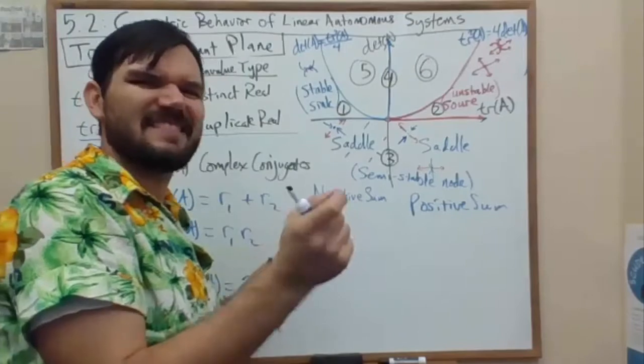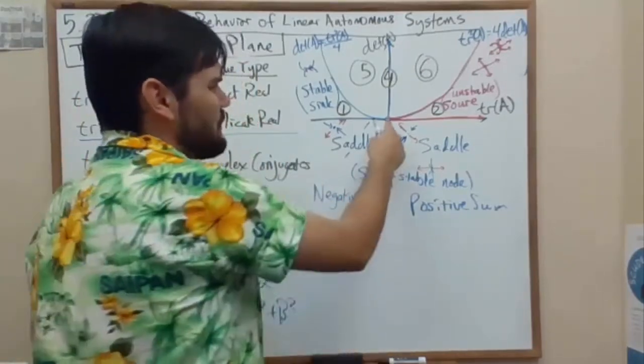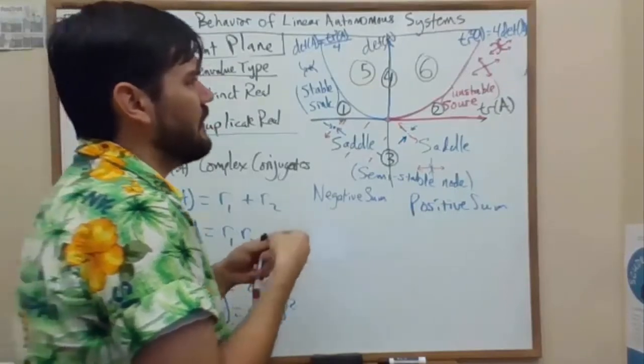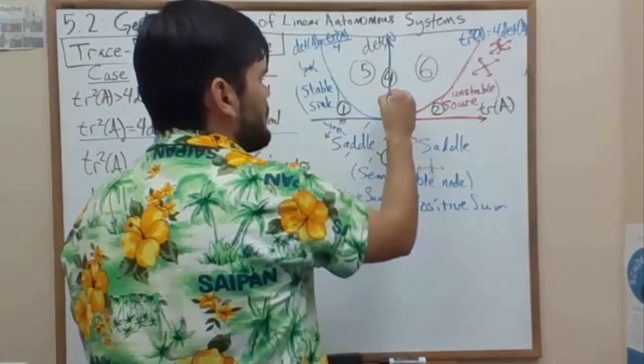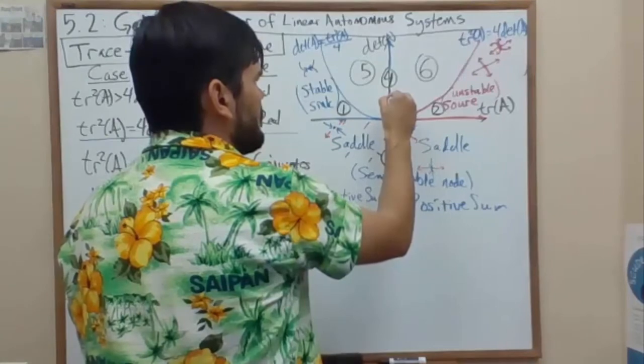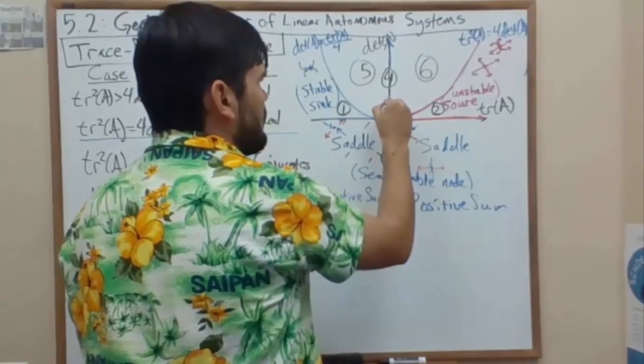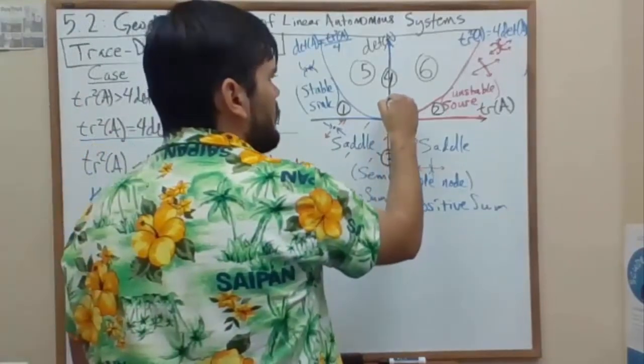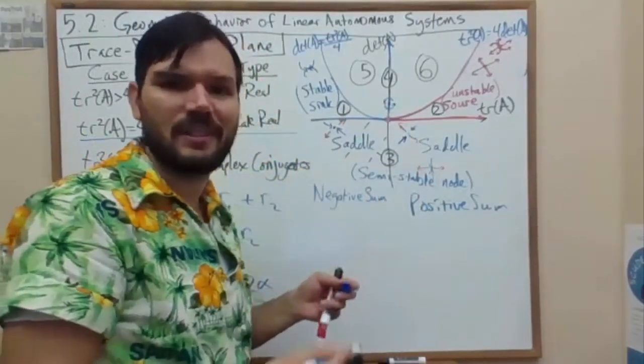But it's just a line. It's more like this line than a whole region. And in that line, we have solutions that go around each other. They just orbit around some point in the center. So we call these centers.